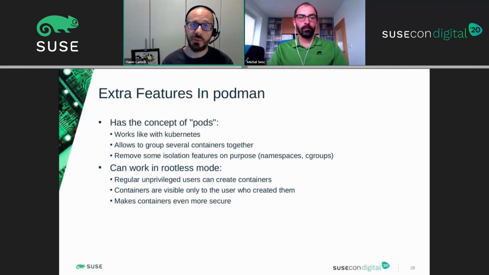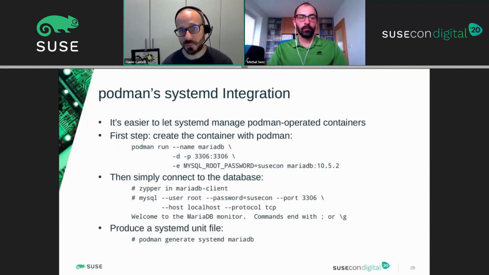Now, I will dig into one nice feature of Podman that solves a pretty common problem for many users. Many users want to run a containerized service and want this service to be nicely integrated with the other traditional, uncontainerized services that are running on a host. So basically what many users want to do is to have containers managed by the systemd process that is running on every Linux machine.